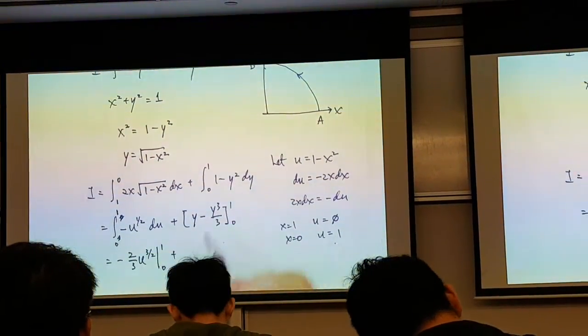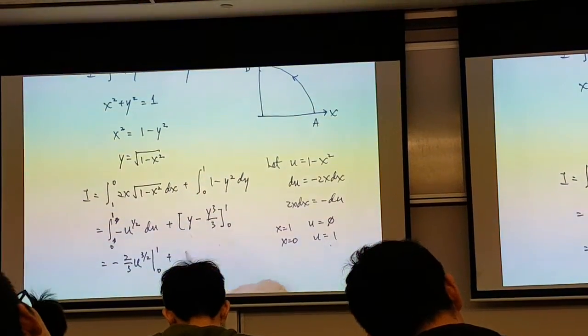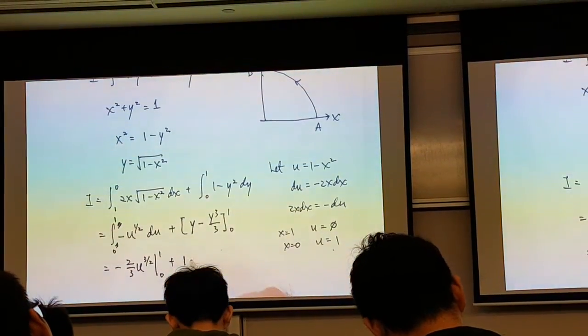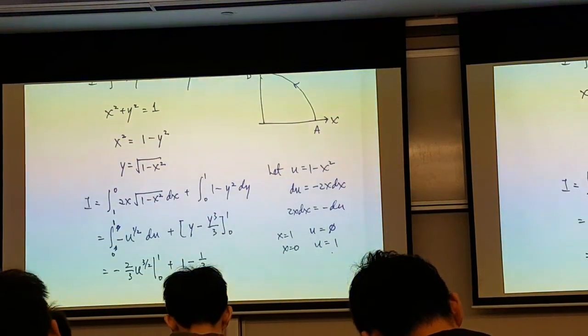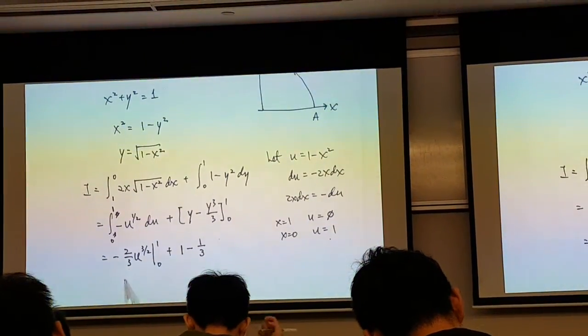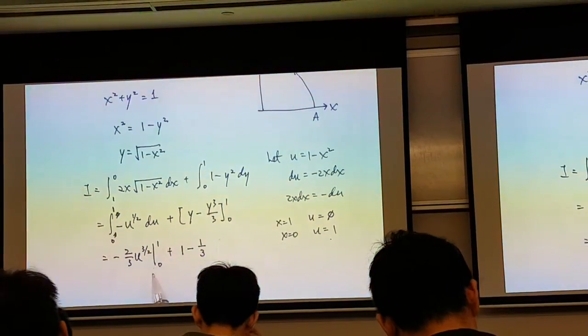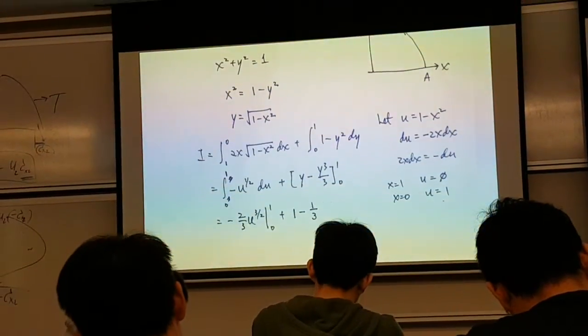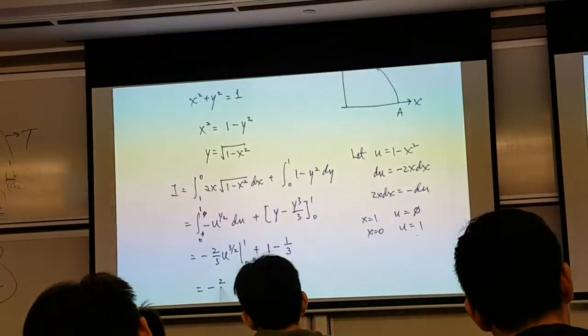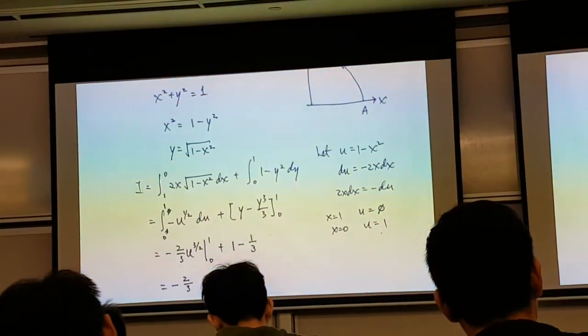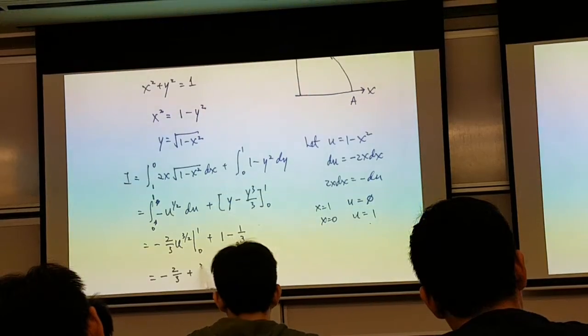And then plus, of course, here y is equal to 1 minus 1/3. In this expression, we are integrating from 0 to 1. So what you get here is minus 2/3, and then here you get 2/3.